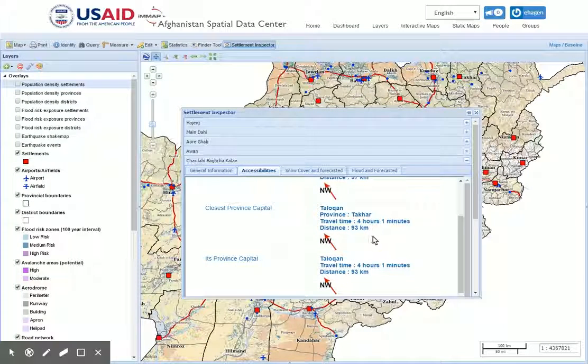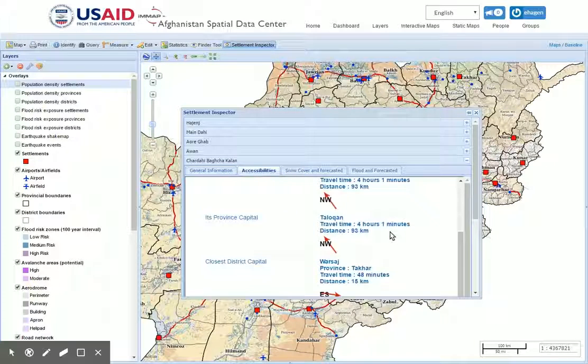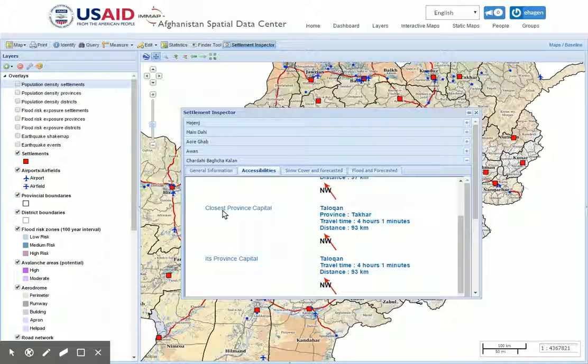The provincial capital has the same distance and will take approximately equally long. You will often see that we have the closest provincial capital, which is not necessarily its administrative provincial capital.